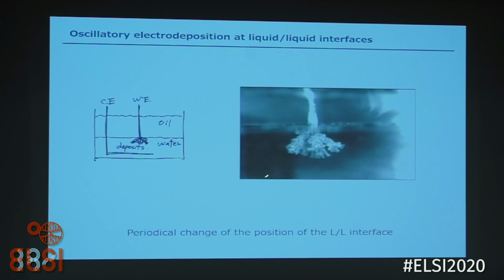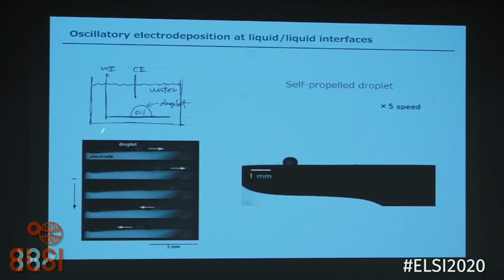After finding this phenomenon, we did another experiment to get a water-oil interface by putting an oil droplet on the electrode. In this case, because of the dynamic changes of the interface, the droplet starts to move just like a worm.